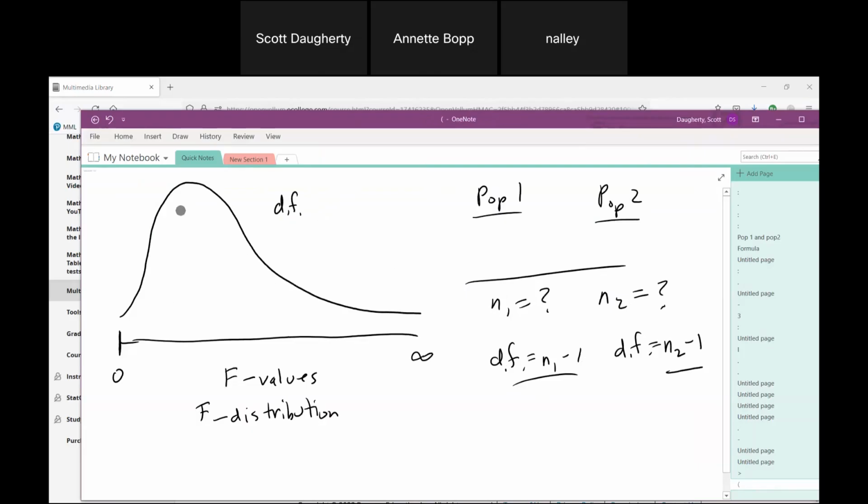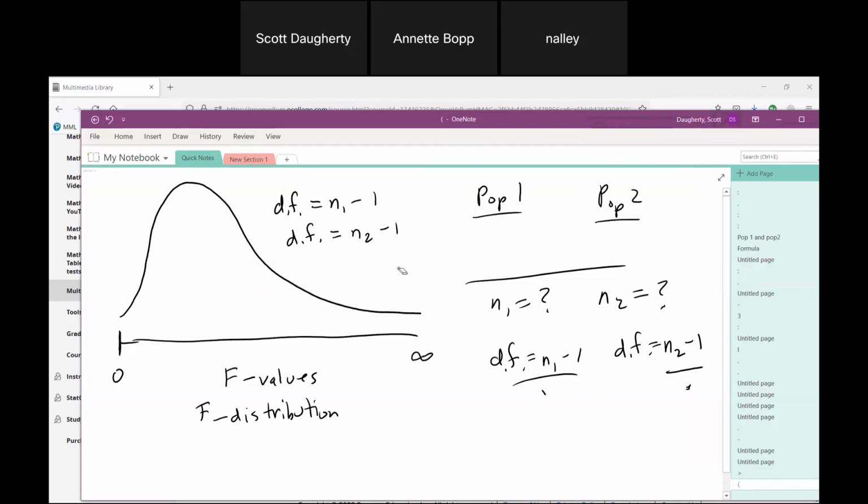So the shape of this distribution changes depending on what the degrees of freedom look like here. Just be aware that this shape changes a little bit depending on how big these two degrees of freedom are. They alter the shape a little. So that's kind of the basic idea of an F distribution.